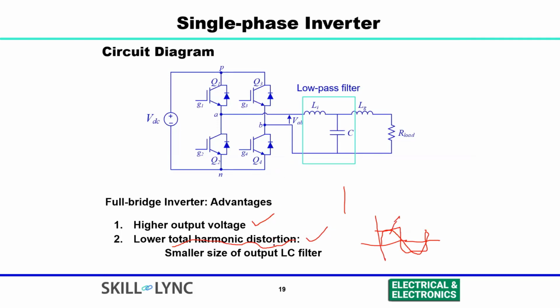When you have fewer harmonics, the size of the low pass filter is small, so we can use a smaller value of low pass filter. This will be discussed in detail: how we can design a low pass filter and how to eliminate the harmonics in the square wave.